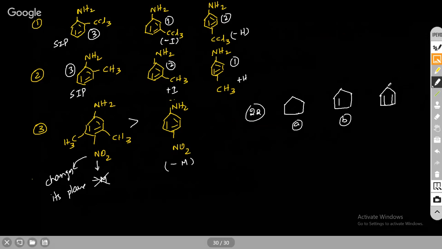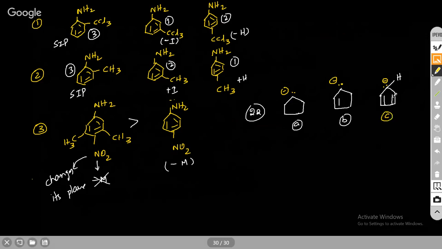Now you see, acidity means what? If one of the hydrogens from here is lost, we'll have a lone pair or negative charge here. We'll get the negative charge on any of these carbons.